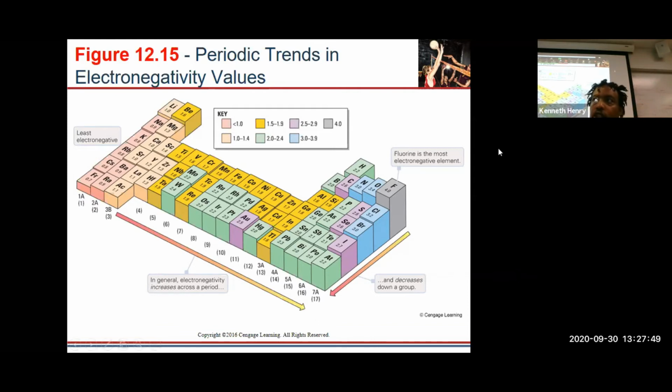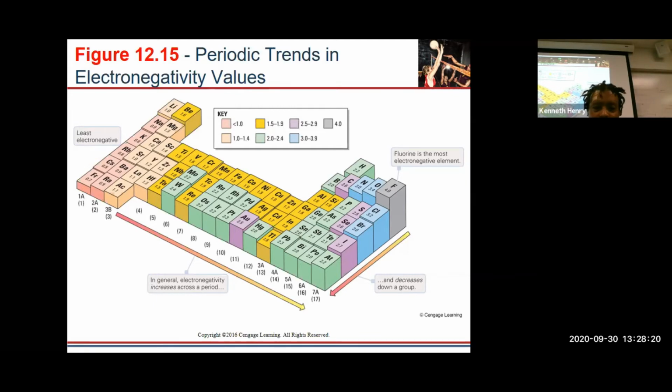So if you actually look, oxygen, which has a 3.4 value for electronegativity, has more desire to pull the electron than chlorine does, because chlorine is a 3.2. You have to pay attention to the table.